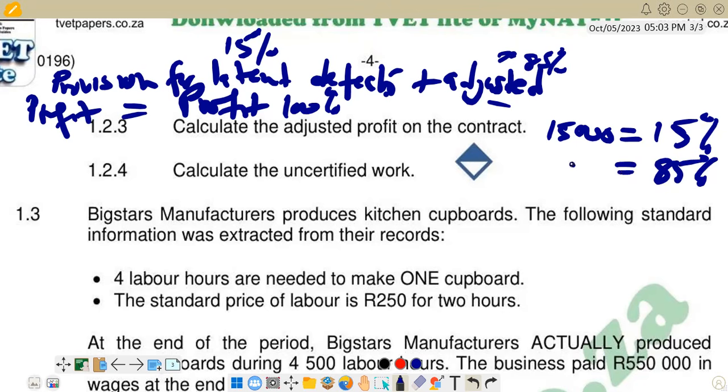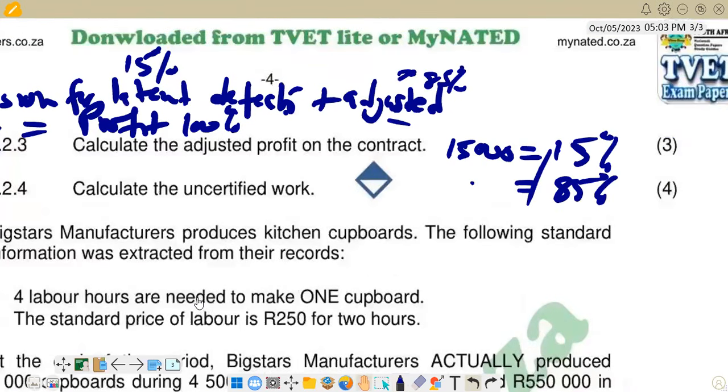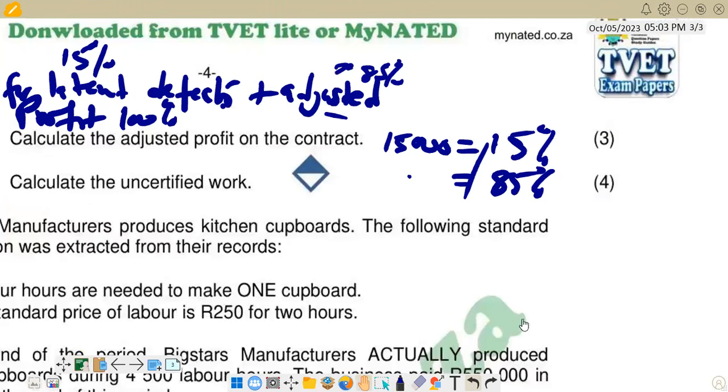Now we want to find the value there. We go to the side where we have both figures, and we see that the figure we are looking for is a bigger figure. So we put the bigger figure above. It becomes 85 over 15 times 15,000 over 1.